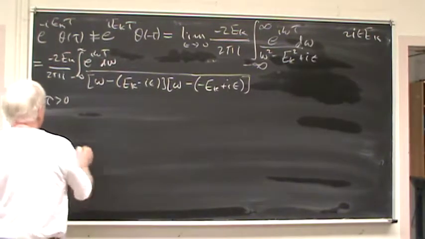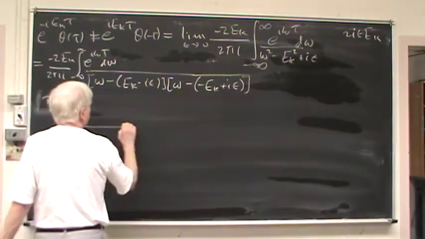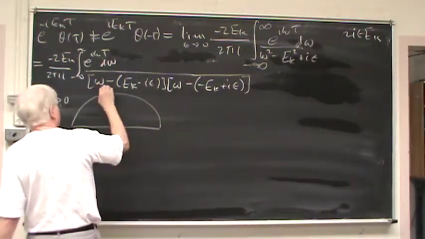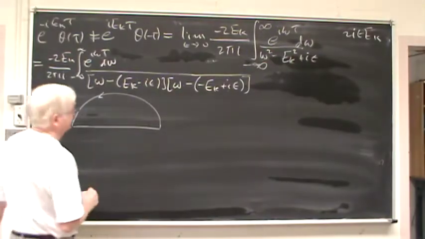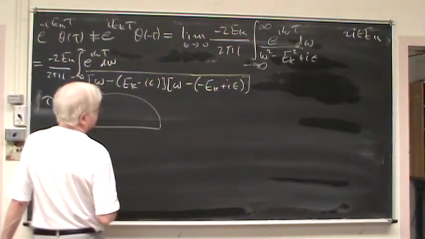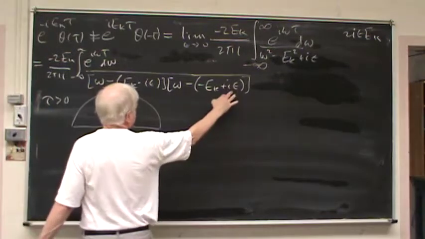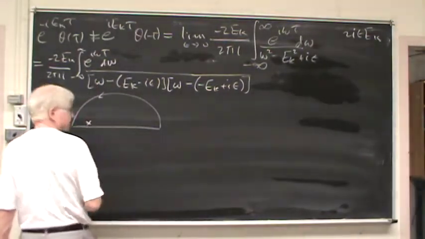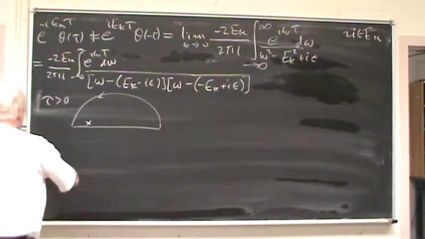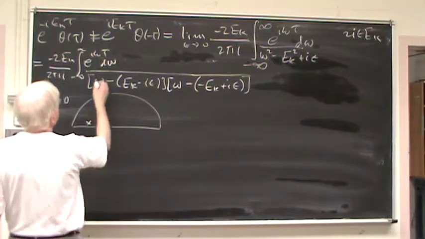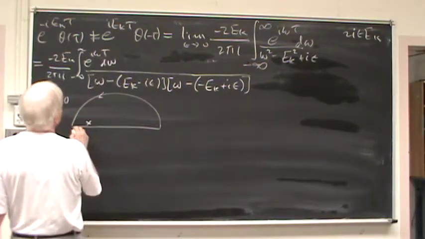So we can add what I like to call a ghost contour that goes over the North Pole. And where's the pole? Well, it's this pole, so it's over here. And it's a ghost contour because it's really 0. So now we do the case tau positive.